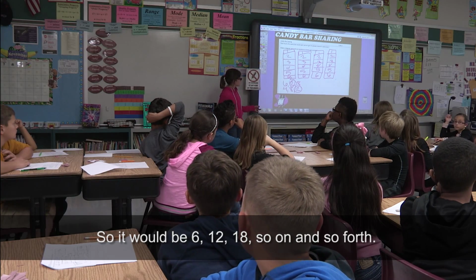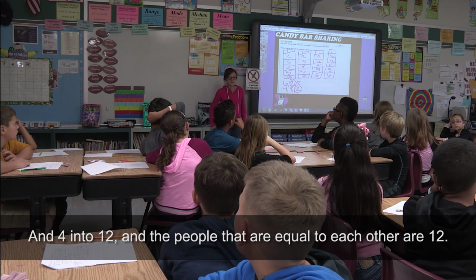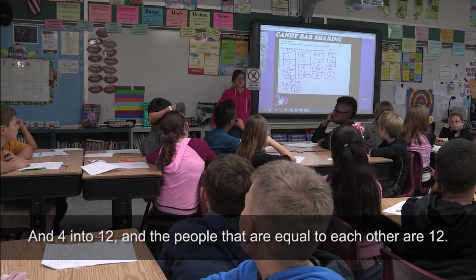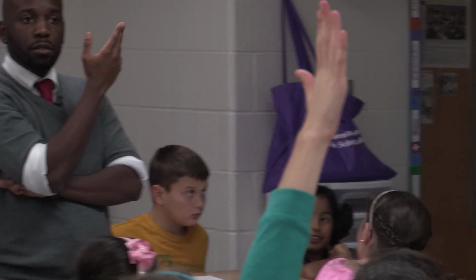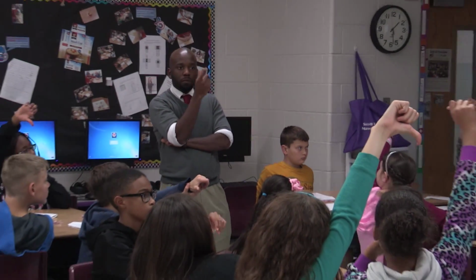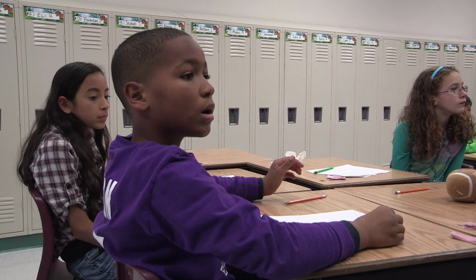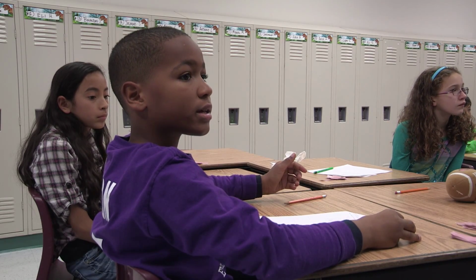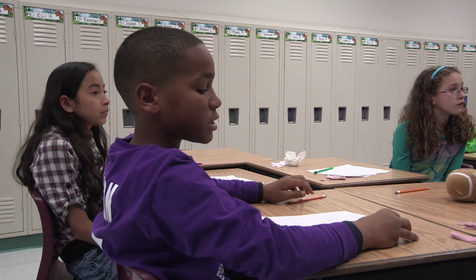So the 6, 12, 18, and so on and so forth, and 4 and 12, and the person that are equal to each other 12. Any other challenges? Jackson? First of all, she didn't write how much there was, and she said each person got 4 pieces instead of saying she got 4/6 of a piece.